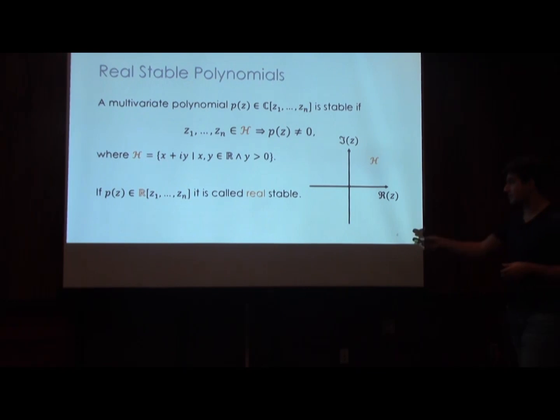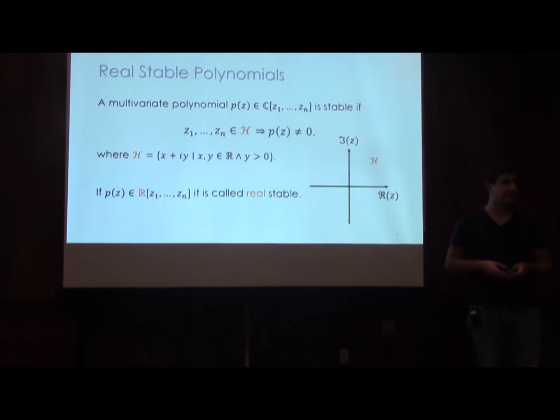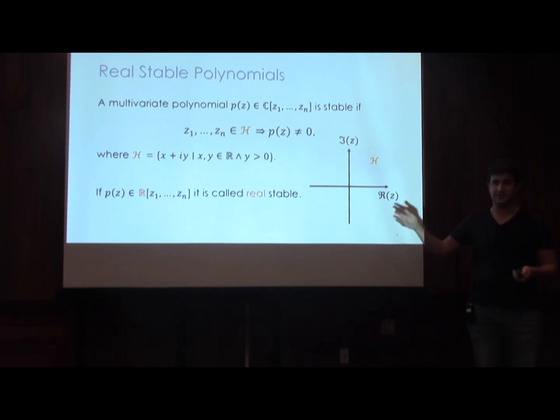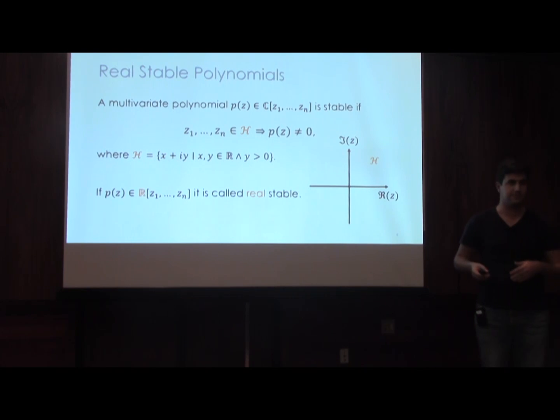So if you have a real stable polynomial, upper half plane is the same as lower half plane. Right? If I replace everything in the definition with the lower half plane, I would still get the same set of polynomials. That's because you can conjugate the polynomial's value, and the conjugate operator would just move it.